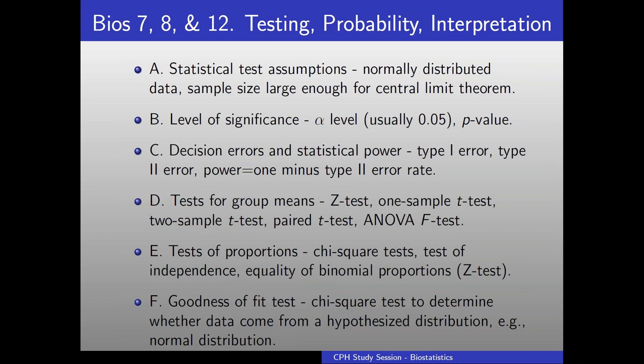Now, if you're a little bit more advanced, you might have talked about regression assumptions or equality of variance assumptions, things like that. But at the very minimum, can you tell if the data is normally distributed? Those are some of the important things for our assumptions.